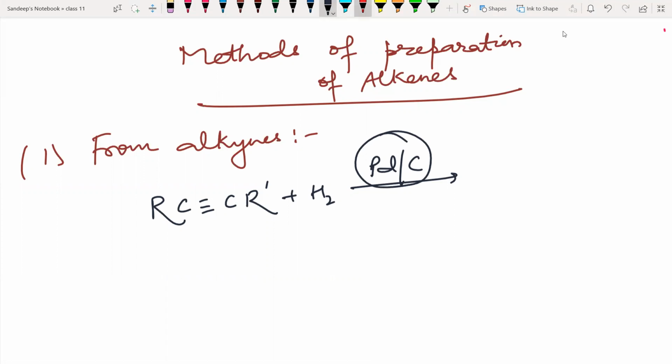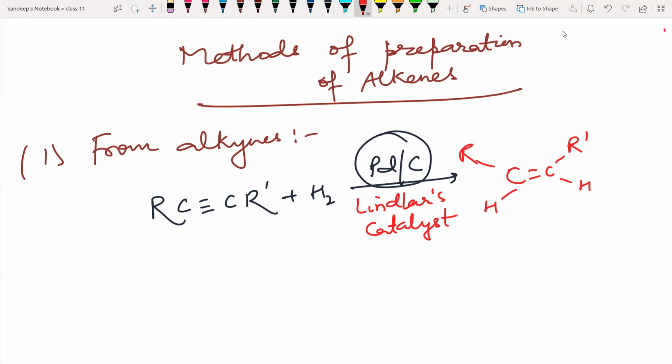Lindlar's catalyst. So it will form cis alkene. Cis alkene means similar groups will be on the same side. Very important question. In case of Lindlar catalyst, cis alkene is formed.